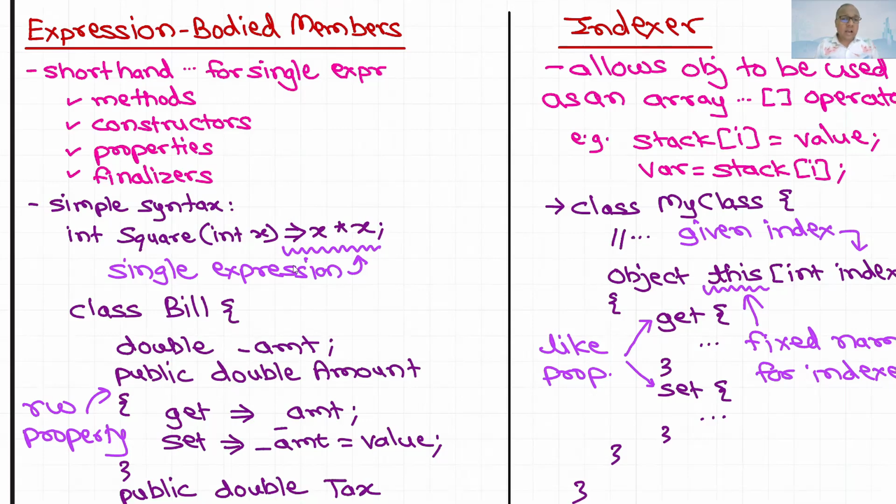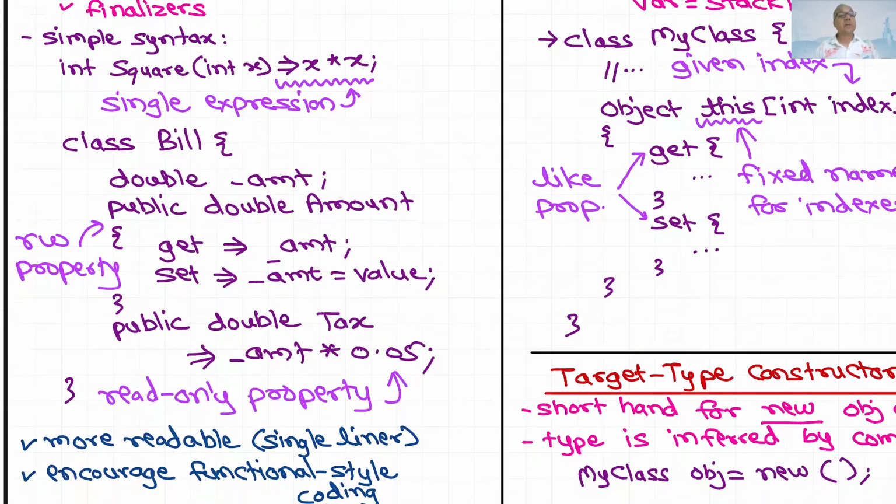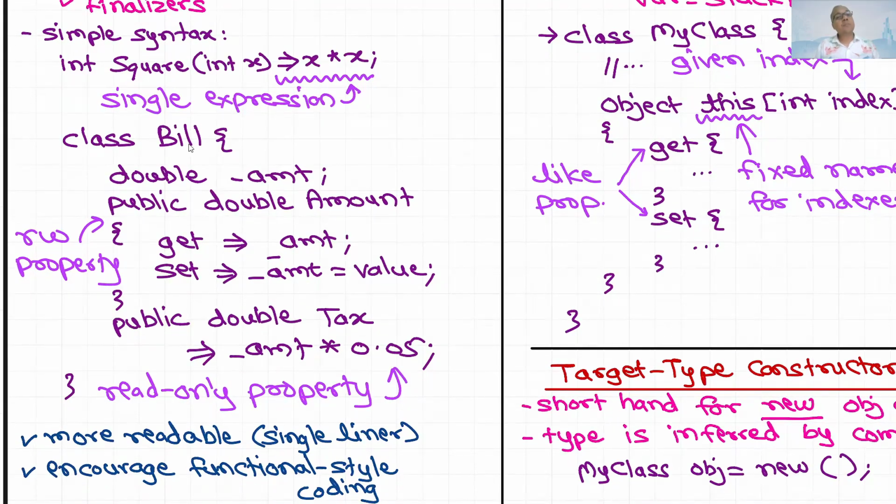And then there is another example showing how we can write the property. So consider a Bill class, and I can write the property. For a property, we usually write the get, we write the set, then we write the curly brackets, and inside the curly brackets we start writing code. If you want to write multiple lines of code inside the getter and setter, curly brackets are required.